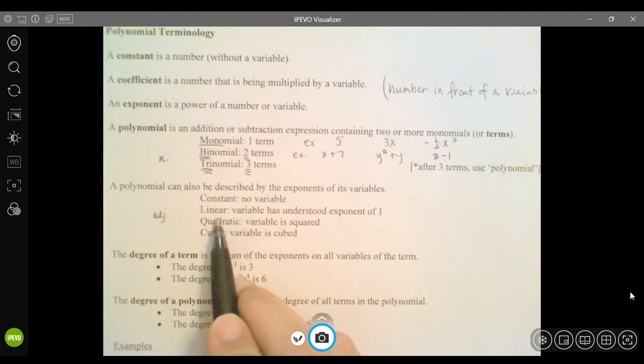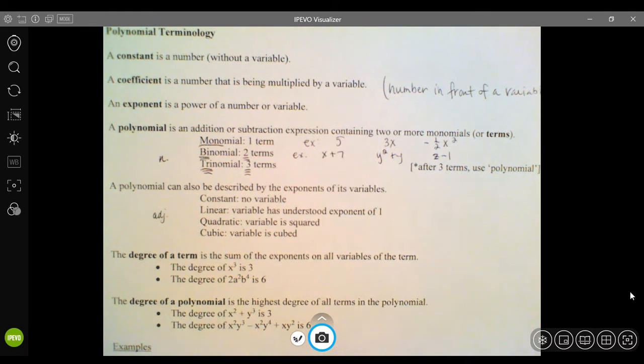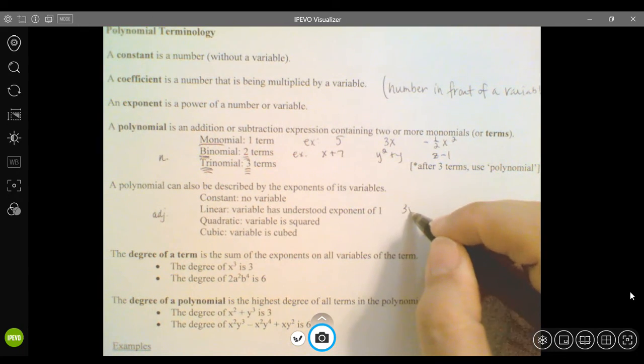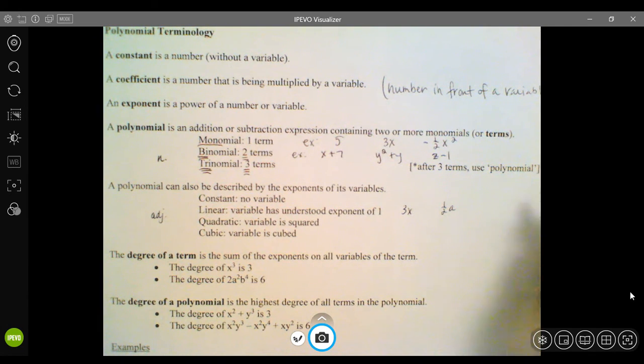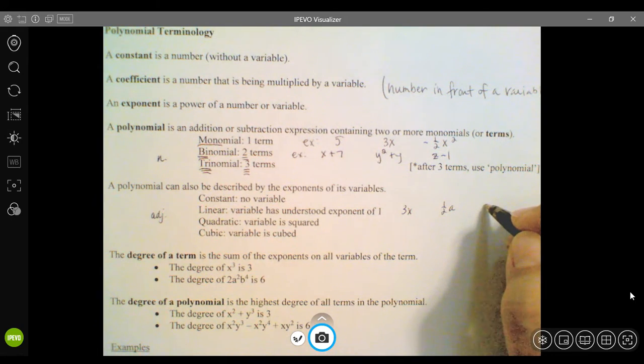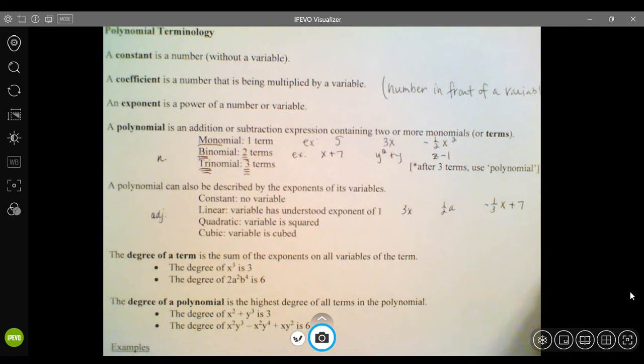We say a polynomial is linear if it has an understood exponent of 1. So 3x, 1/2 a. When we look at slope-intercept form, negative 1/3 x plus 7.